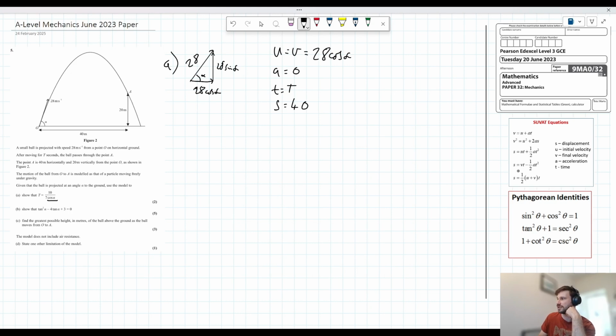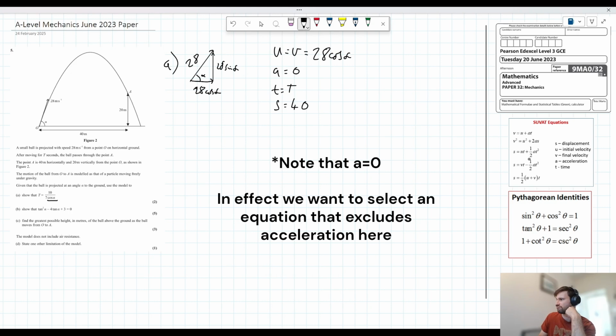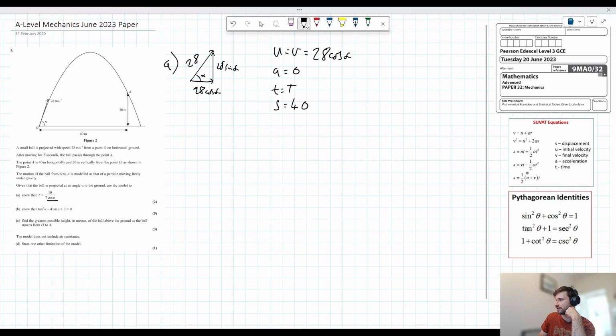Let's pick an equation out of these Suvat equations here. We want time in there. We want either U or V in there. And I'm assuming we want S in there as well. Let's go with this one down here.